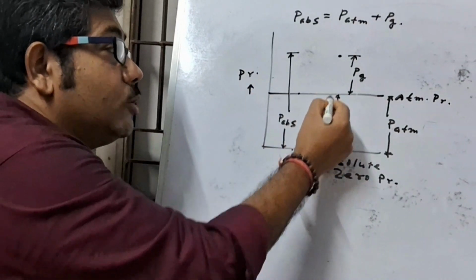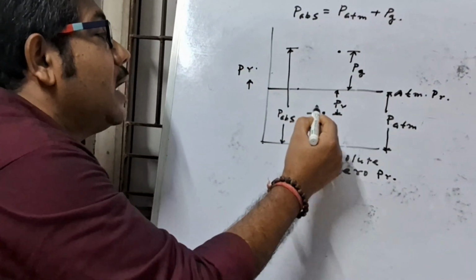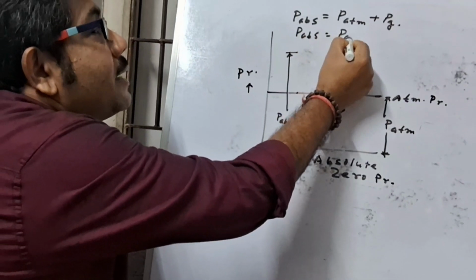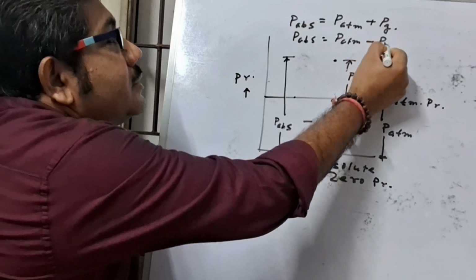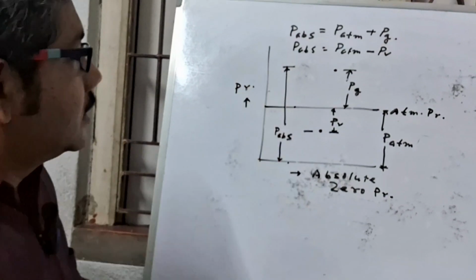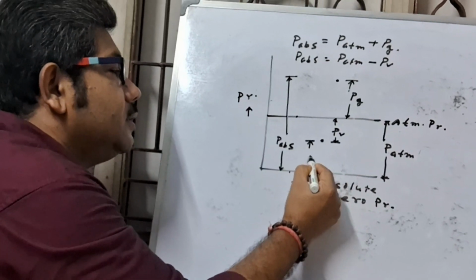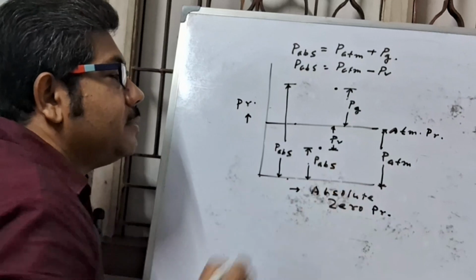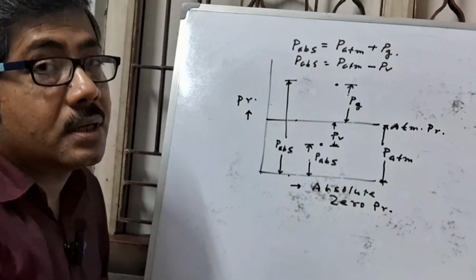Or when pressure below atmospheric pressure, absolute pressure, that is equal to atmospheric pressure minus vacuum pressure. This is atmospheric pressure, this is vacuum pressure. That means this can be also P suffix ABS, that means absolute pressure.